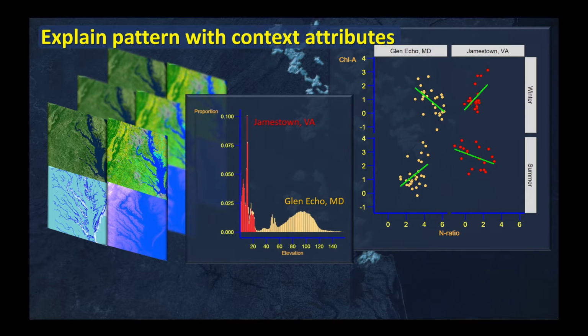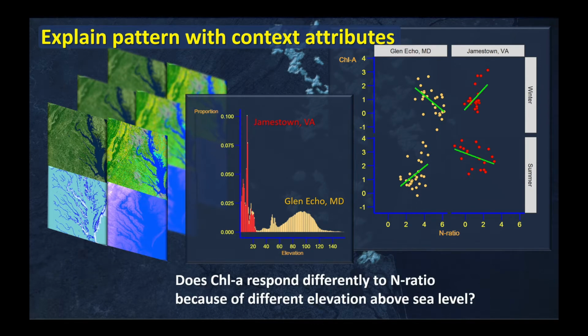Here is a graph of elevation levels in Glen Echo and Jamestown. Glen Echo has generally higher elevations than Jamestown, prompting us to ask, might the different elevation levels in the two watersheds explain the patterns of N ratio and chlorophyll A relationships?